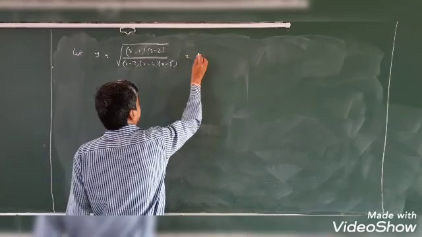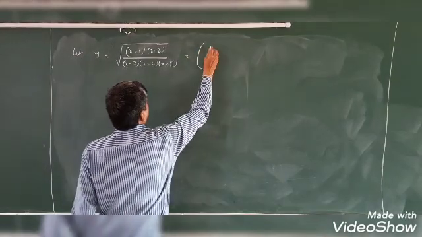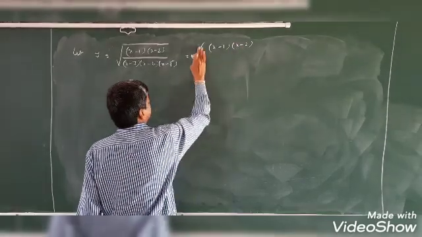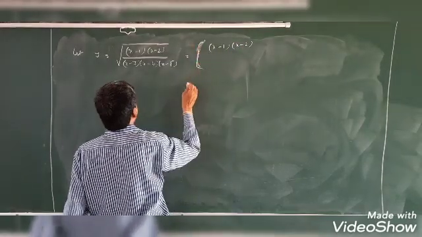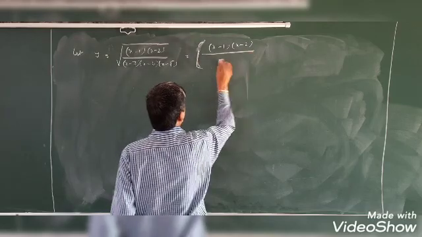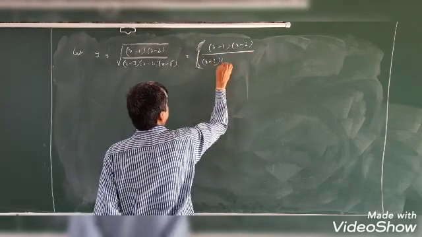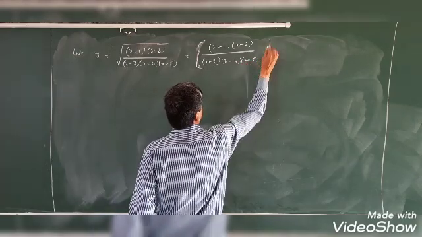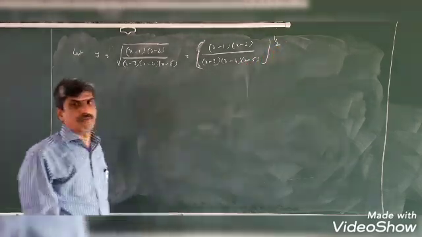This one we'll write as (x minus 1)(x minus 2) by (x minus 3)(x minus 4)(x minus 5), whole power 1 by 2.